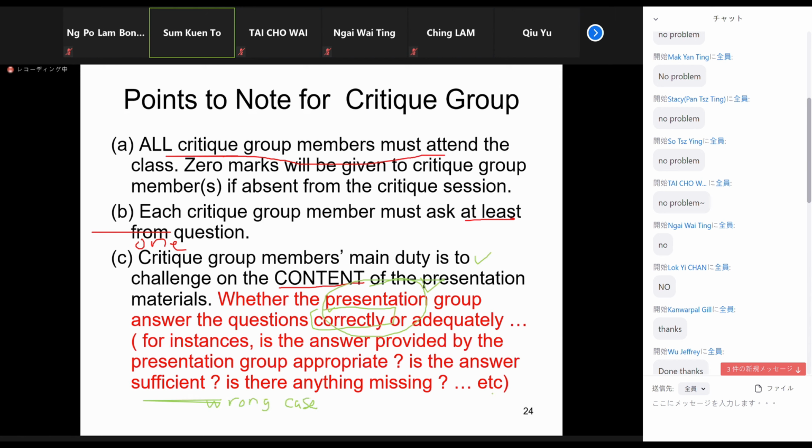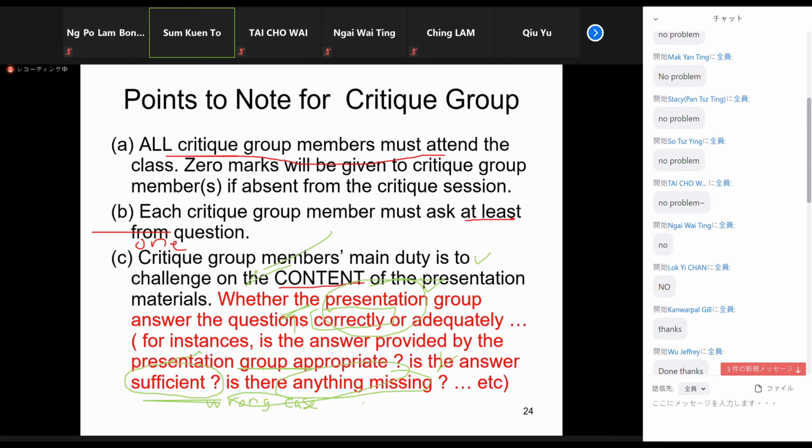Yes, they do things correctly, which is good. And then you also need to see whether they answer the question sufficiently, whether something is missing. All right. For example, the answer.